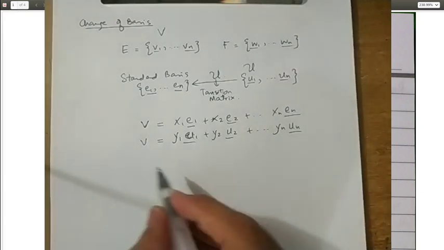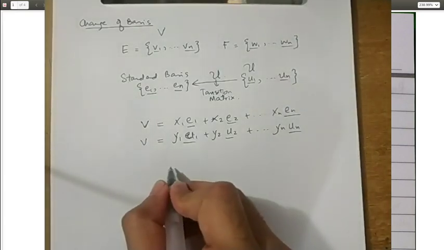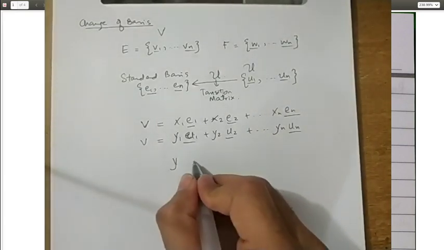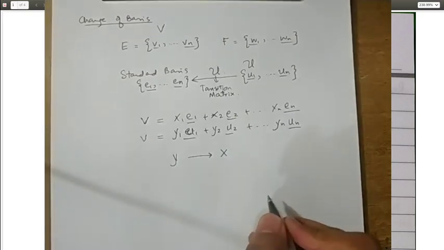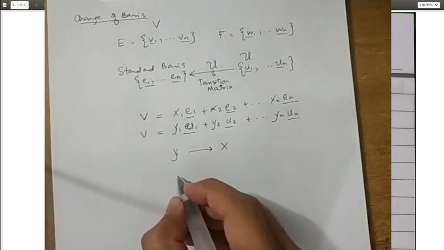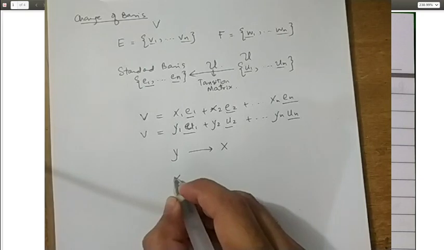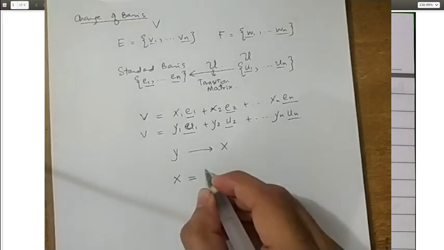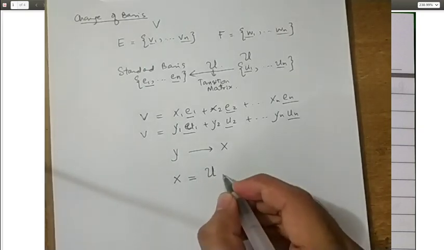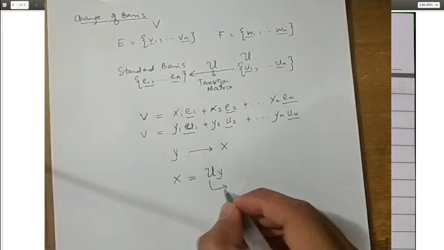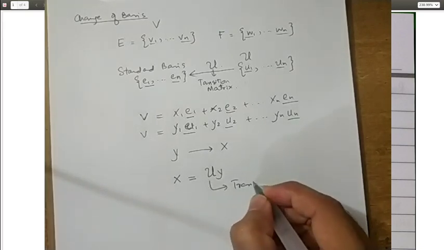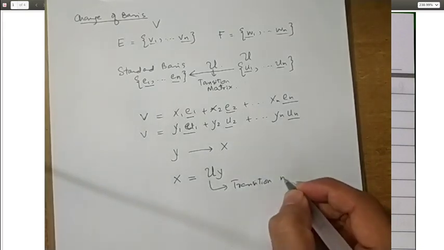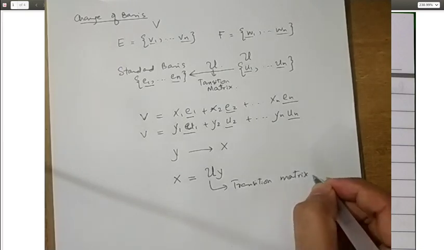And the idea was that if you want to go from y to x, then x is just found by multiplying U with y, where U was called the transition matrix. Okay?